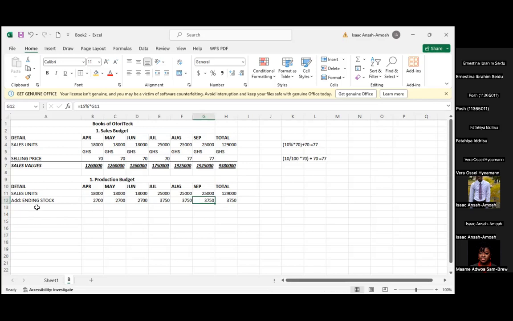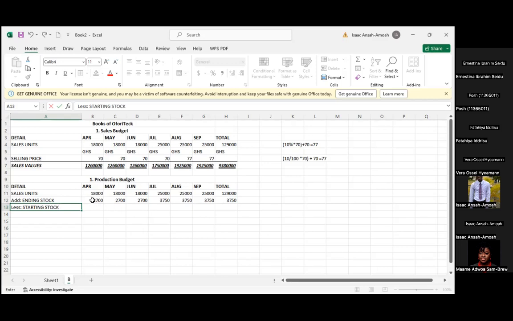We may have to less from here, the starting stock. We don't work anything for starting stock. If you remember, the ending stock of period 1 will become the starting stock of period 2.